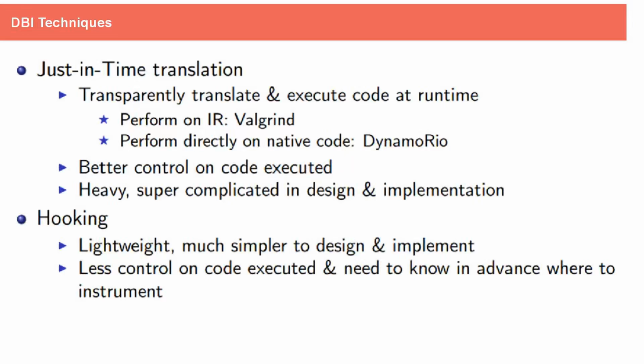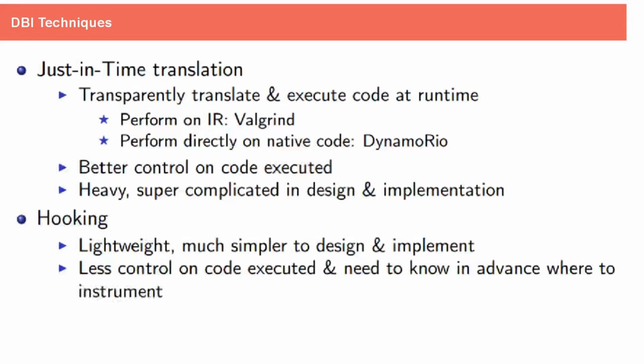This JIT transformation works very well. It gives you very good control over the code you execute. However, this kind of DBI is very heavy and very complicated to design and implement.